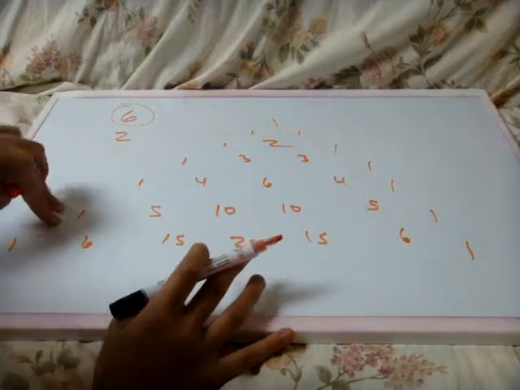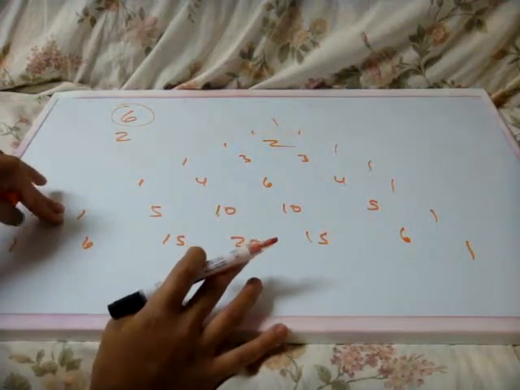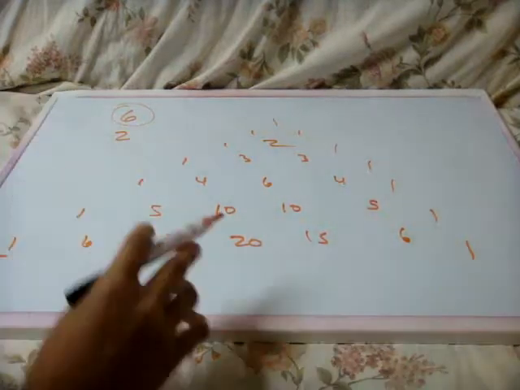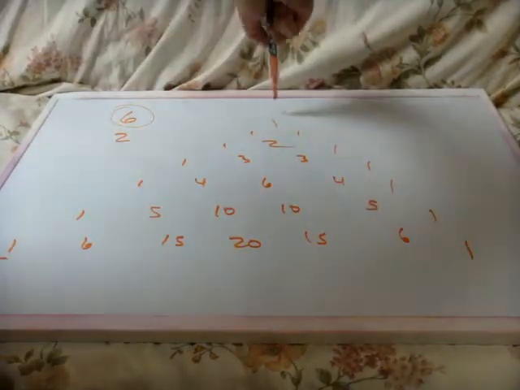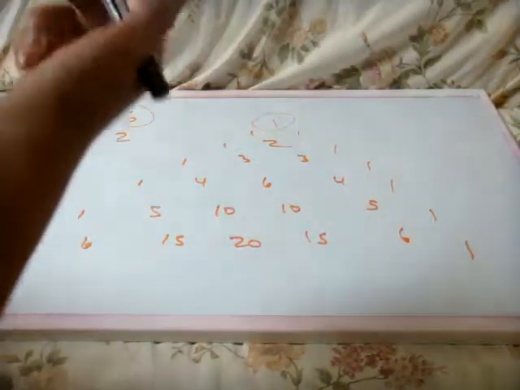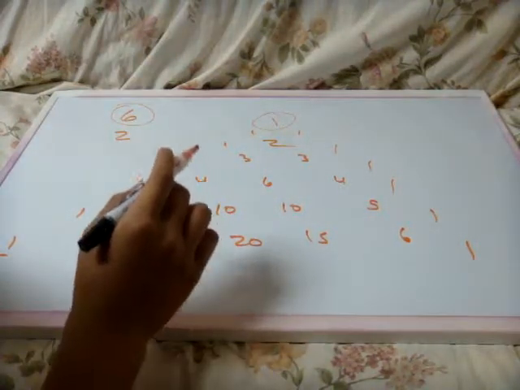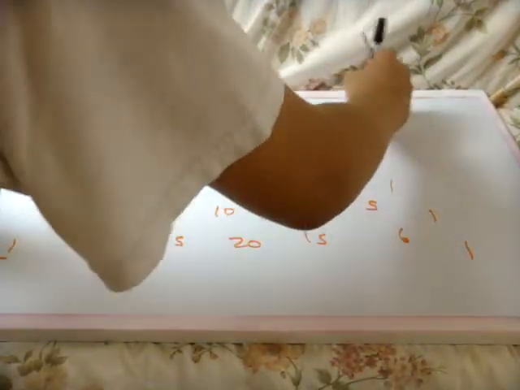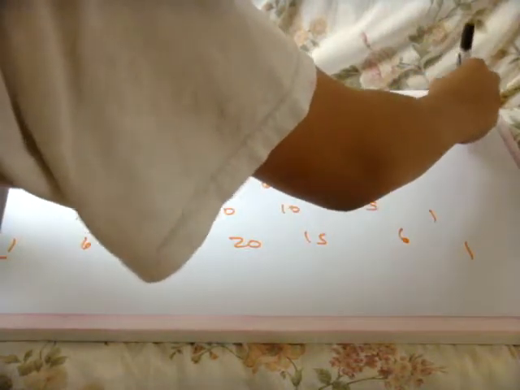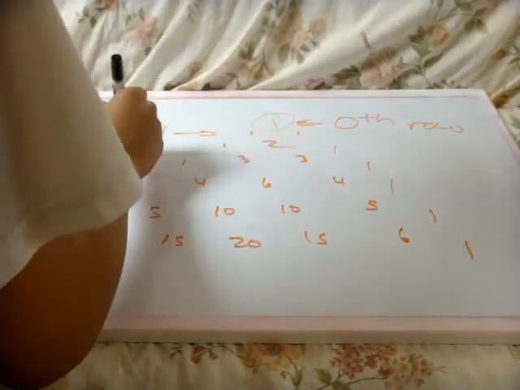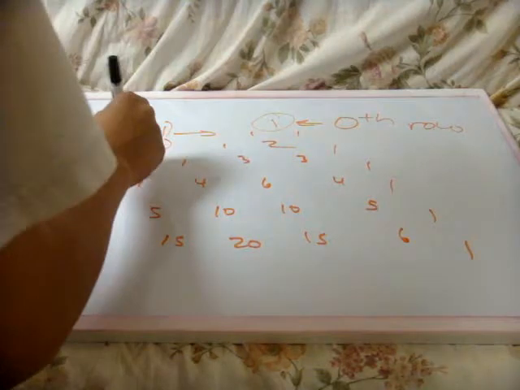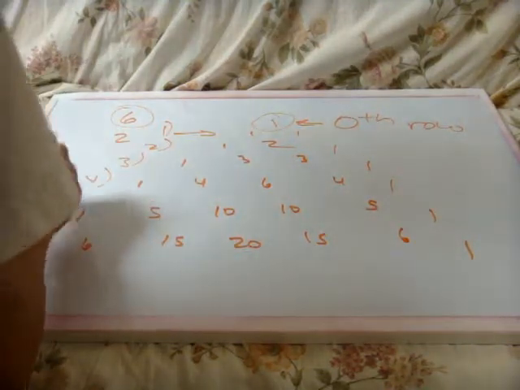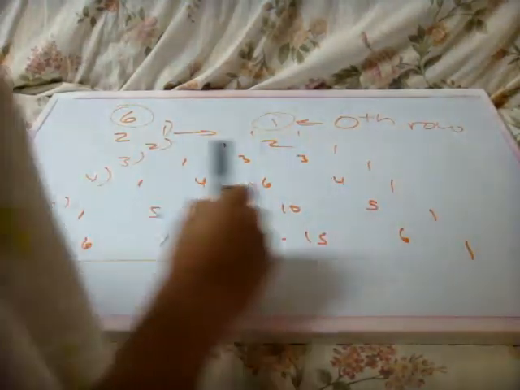That is actually incorrect. The way you must count is you have to stop here. The reason is that this 1 up here is not the first row. You actually have to count that 1 as the 0th row. Then it starts as first row, second row, third row, 4th row, 5th row, and then the 6th row is right here.